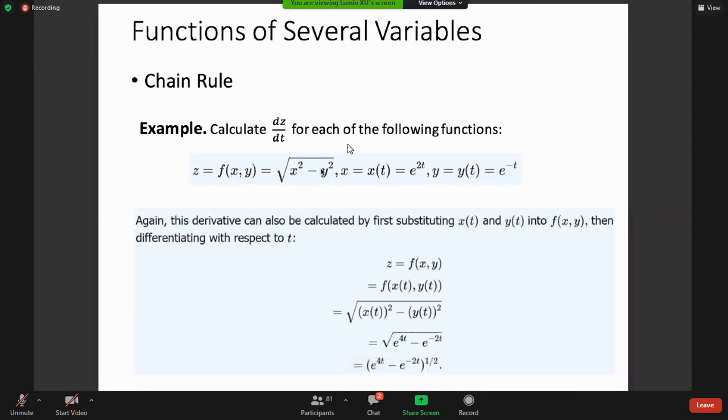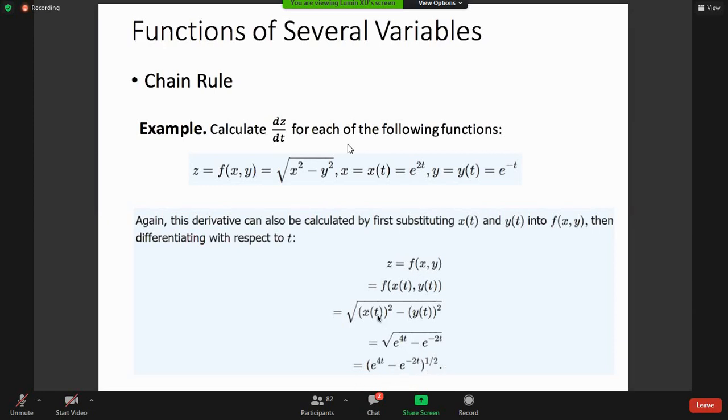Because we have known the relationship between z and x, y, and also the relationship between x to t and y to t, we can first use t to replace x and y in the very beginning, right? So z should be a function of t.